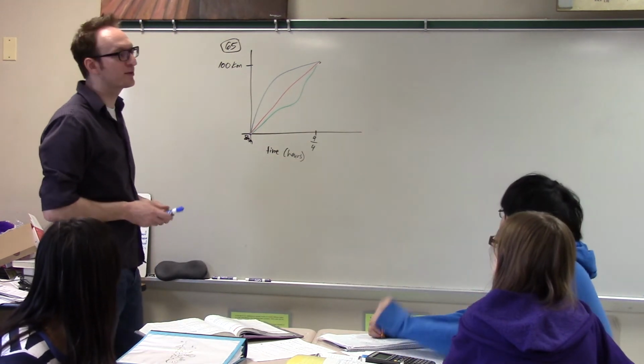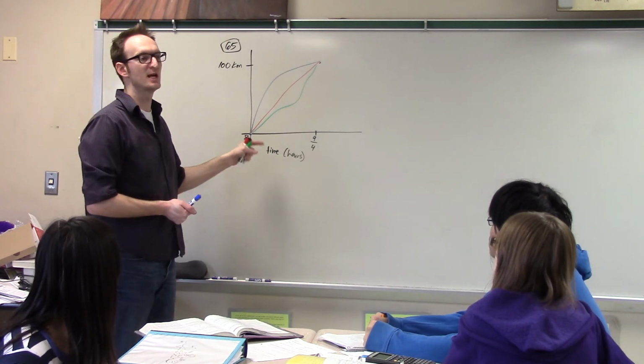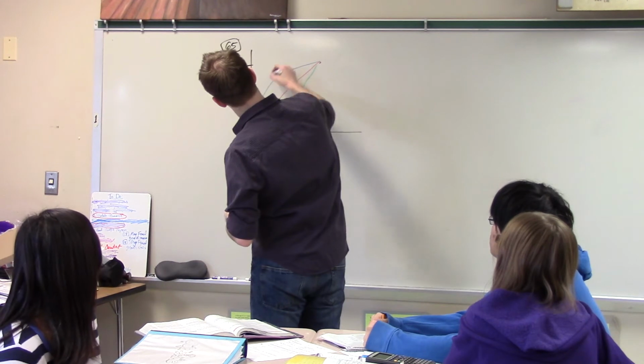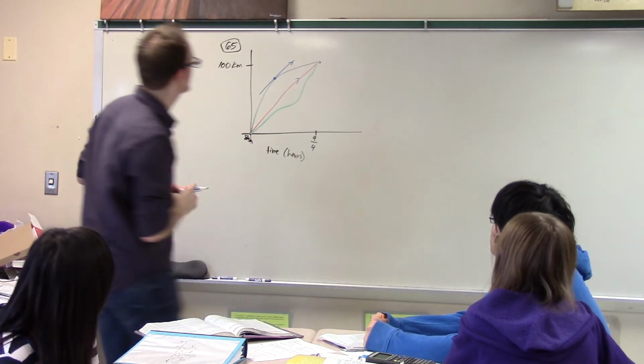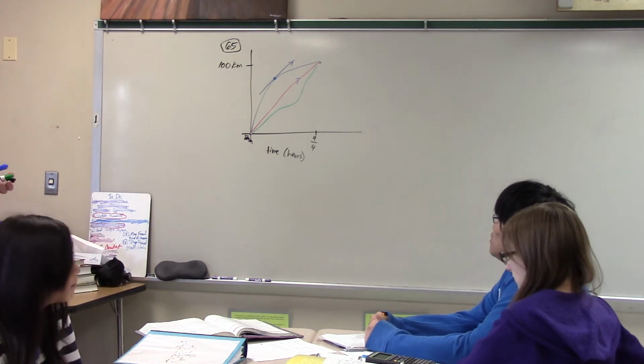So the mean value theorem says that there exists a point on this interval where the instantaneous rate of change equals the average rate of change.